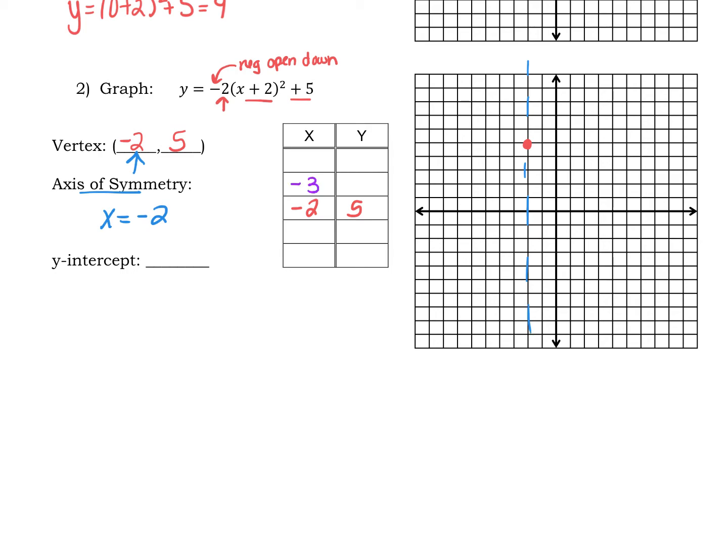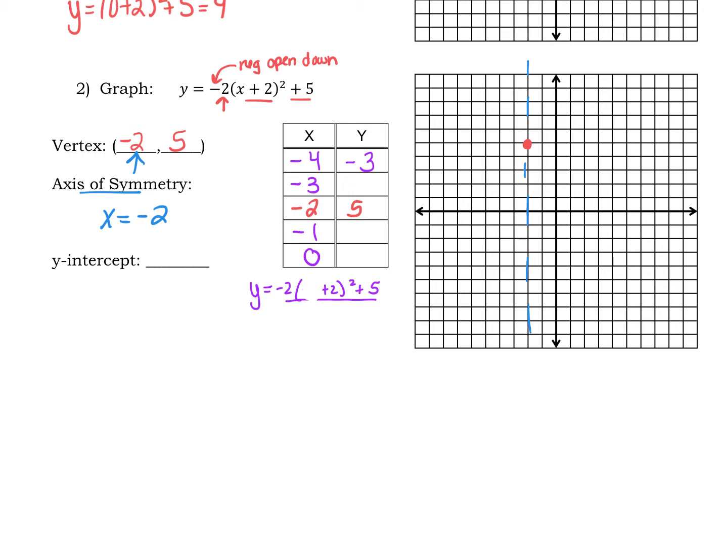I'm going to pick 2 numbers that are smaller and 2 numbers that are bigger. And again, now I'm going to plug these in. So y would equal -2 times (-4 plus 2) squared plus 5. So we would get -3, because we're just going to type this whole thing in the calculator.